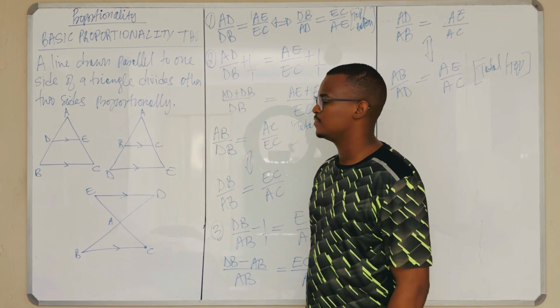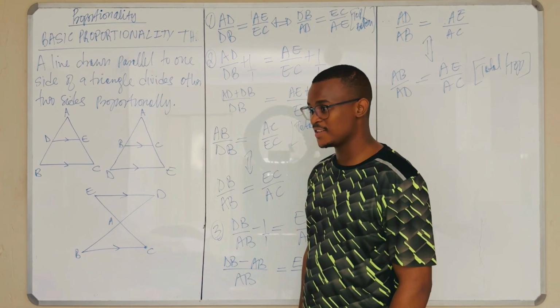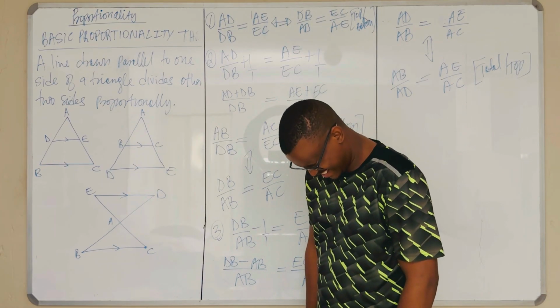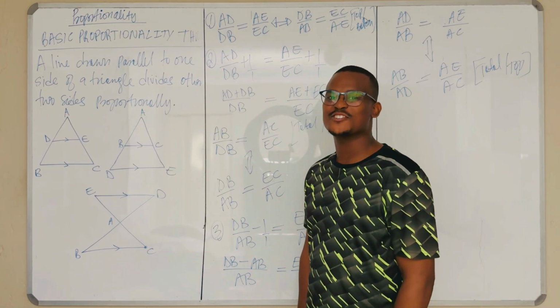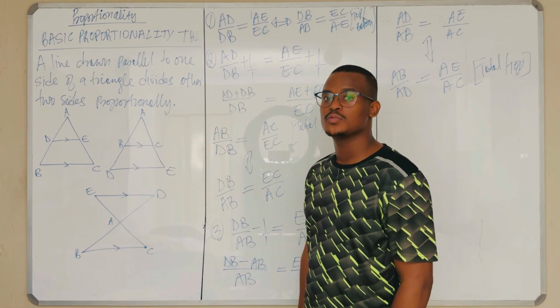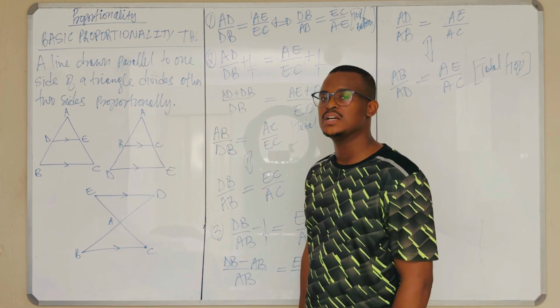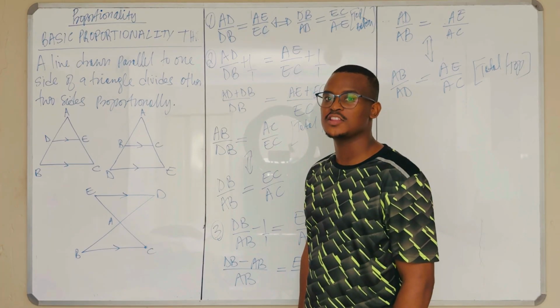I hope this makes sense to you, as it does to me. So I'm going to do the converse in the second video, together with other outcomes, and then we're going to do examples as well, so that we know how to apply the proportionality theorem.